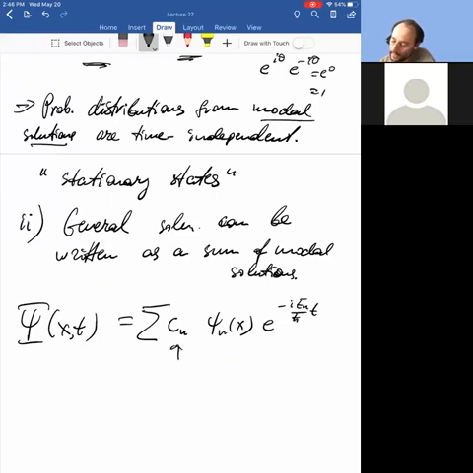I want to write this beautifully because this is very important. So this is a coefficient. It tells you the amount of mixing in of these modes.